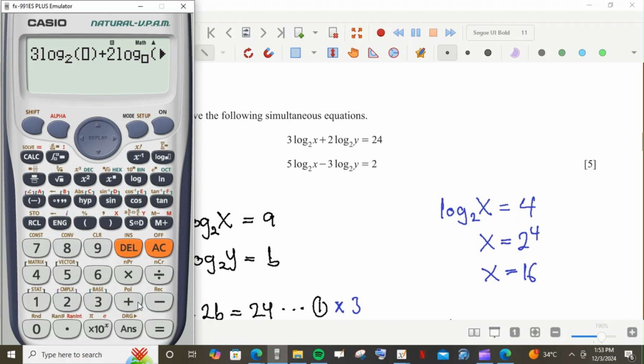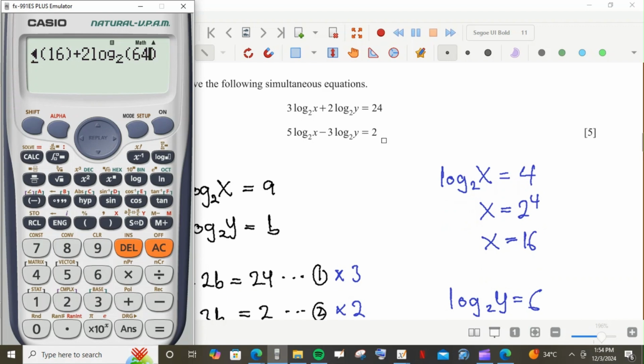We had x to be 16 and y to be 64. Why is it 64? Y, not x, y. Okay. You see, we are getting 24 here. Okay. It's a simultaneous equation. So the first equation must work. The second equation must also work. Let's come for the second equation and see.